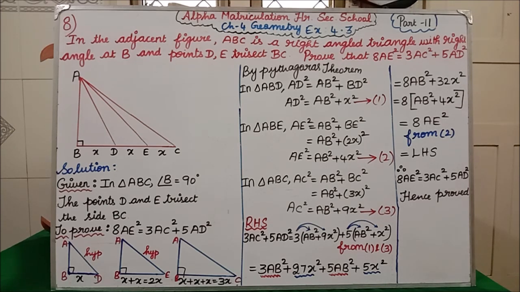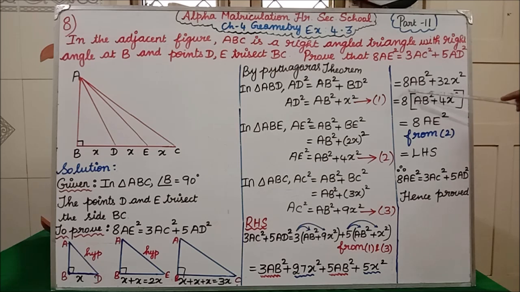Now students, what we are having now is the RHS part. Now we want to show this part is equal to 8AE square, isn't it? Up to this we have proved. Now if you see, 8 and 32 will come in the same table. In what table? 8 table it will come. So take that 8 commonly out.